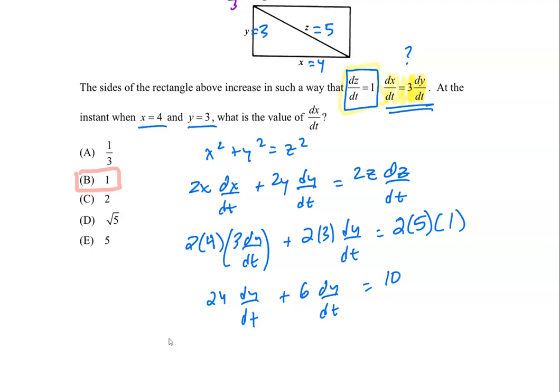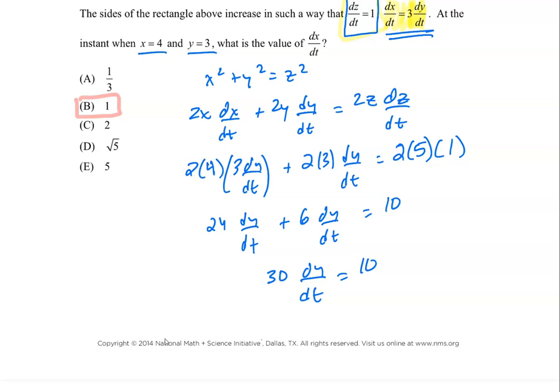Combine like terms, exactly, because now we're back down to just both dy dt's. Okay, so that's going to give me 24 plus 6. That's going to give me 30 dy dt is 10. So when I divide by 30, dy dt is 1/3.